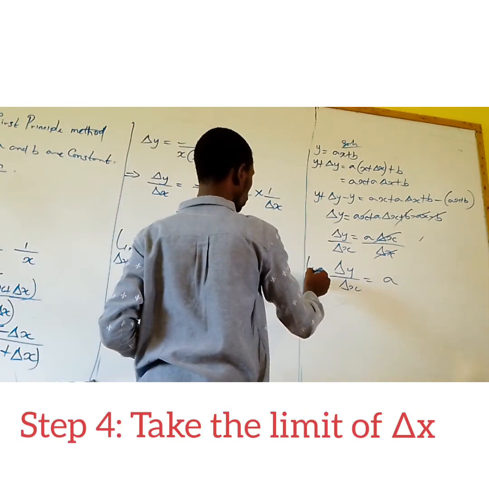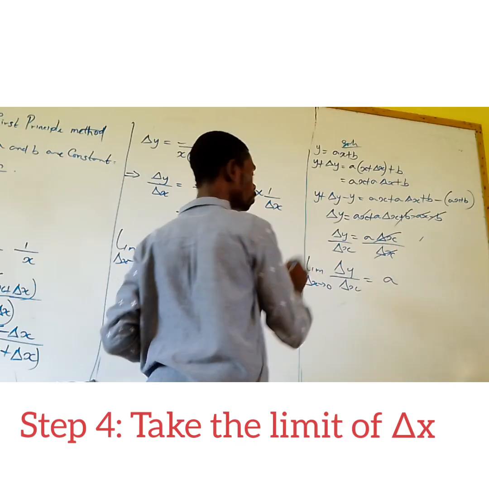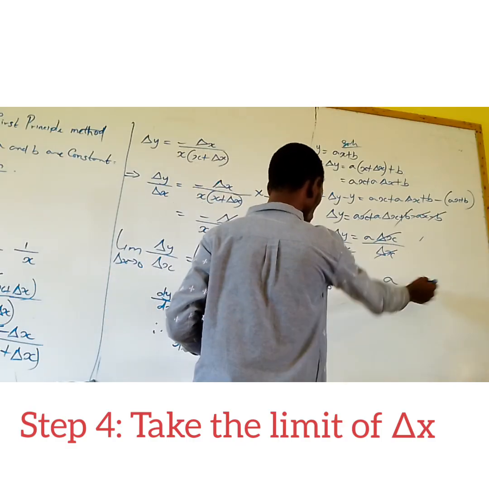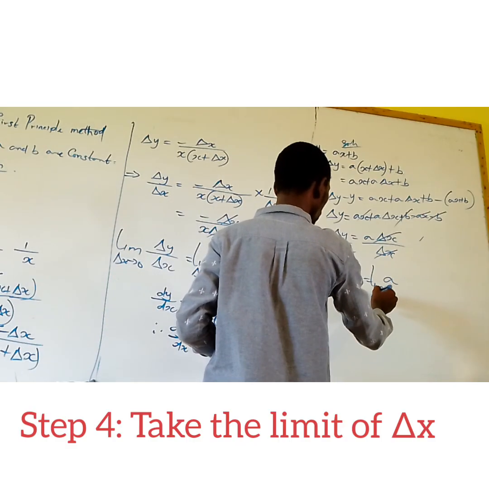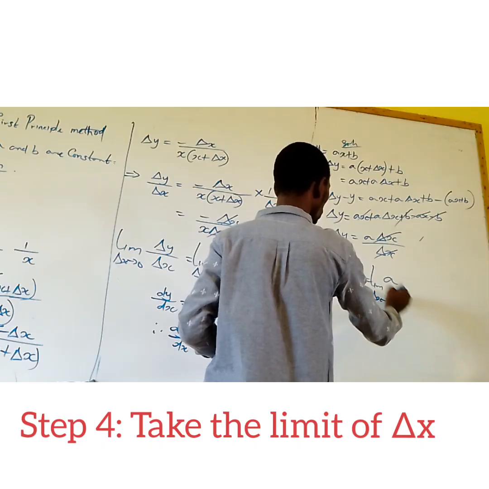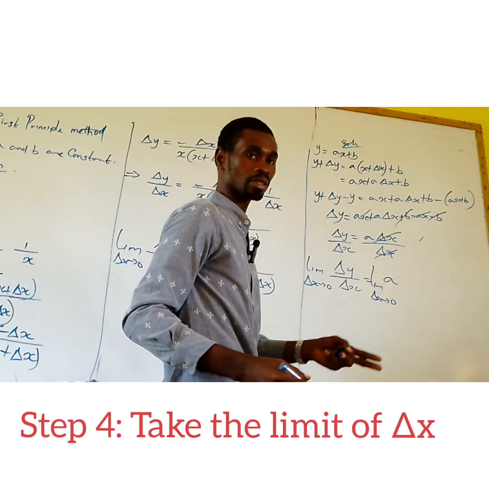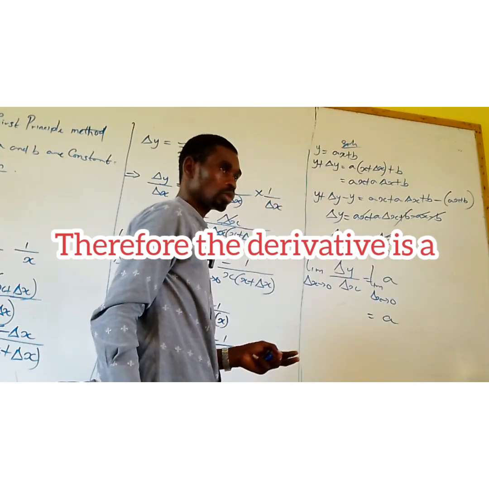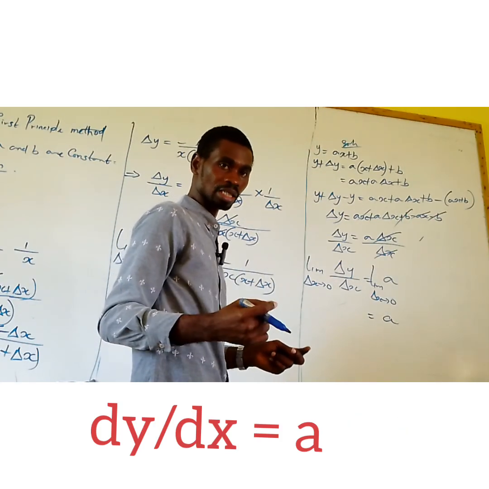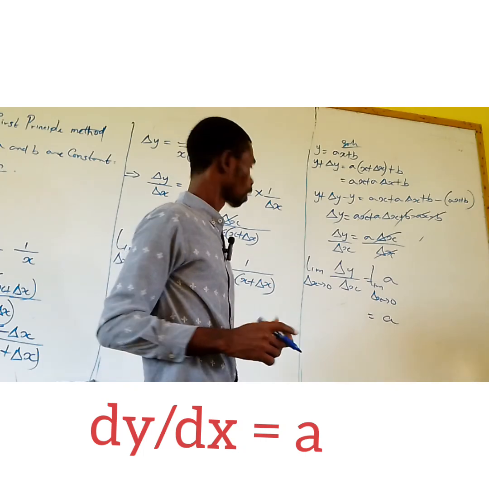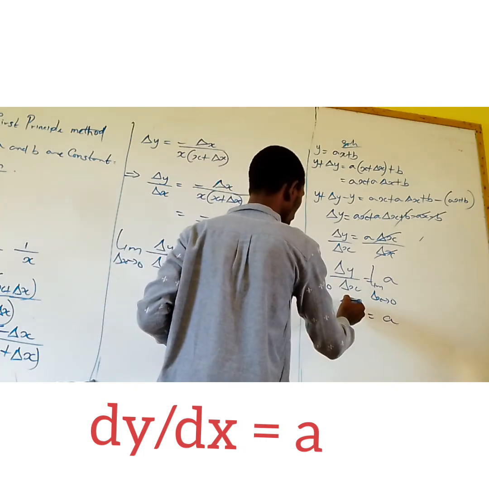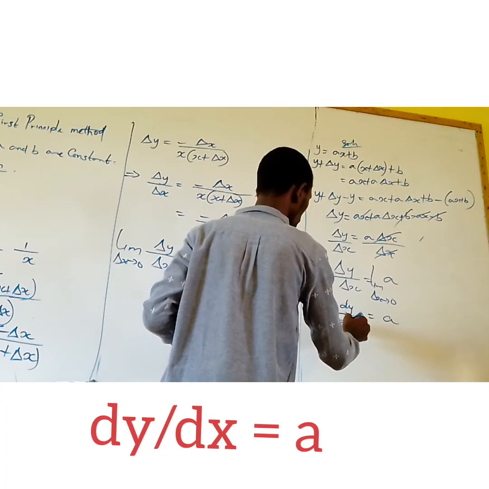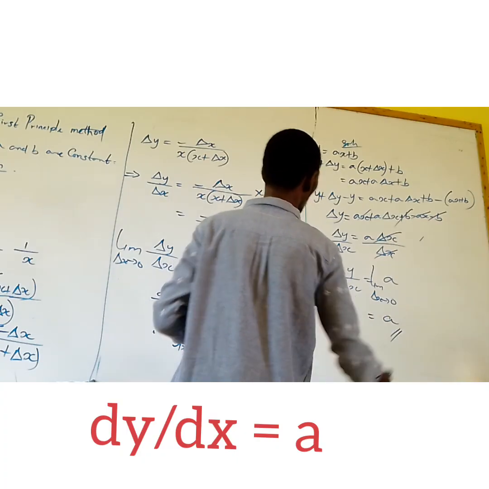Limit as change in x tends to 0 is equal to limit as change in x also tends to 0. But here we do not have change in x. So the answer is a, because the limit of a constant is still that same constant. So dy dx equals a.